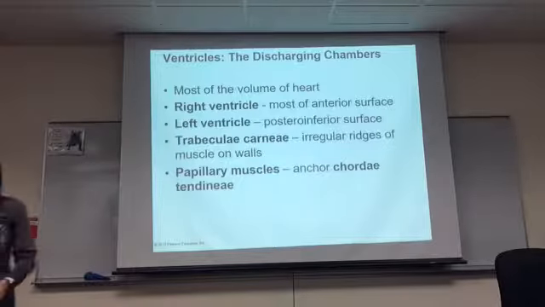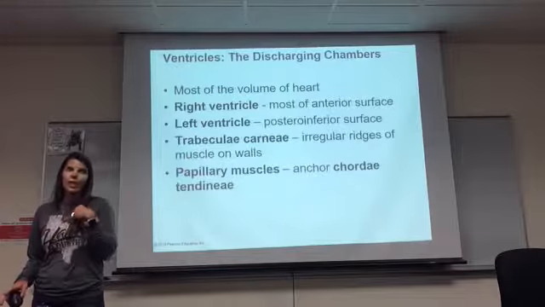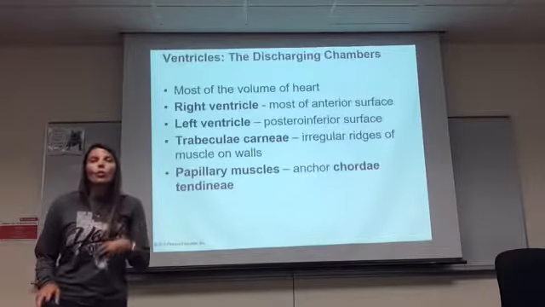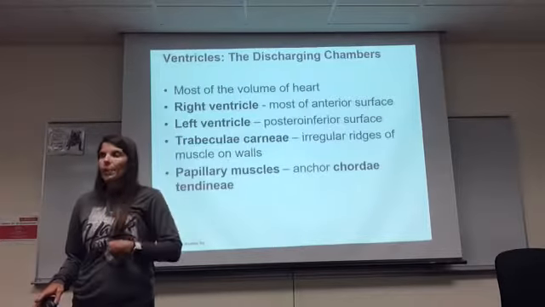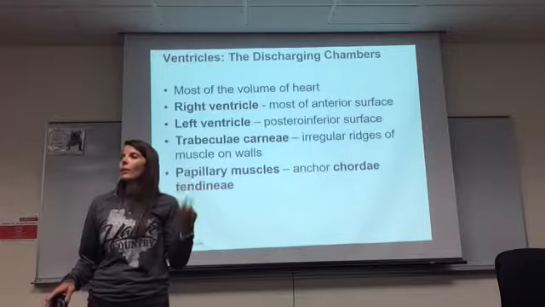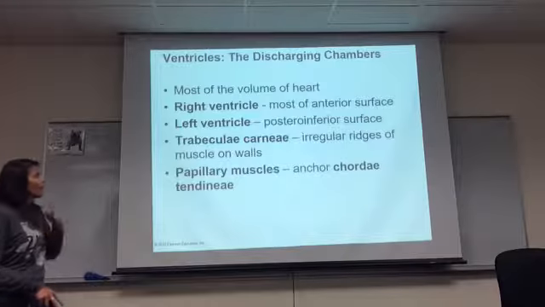The right ventricle receives blood from the right atria. The left ventricle receives blood from the left atria. The right ventricle is going to send blood to the lungs. The left ventricle is going to send blood to the body. Right, lungs, left, body. Right, lungs, left, body.